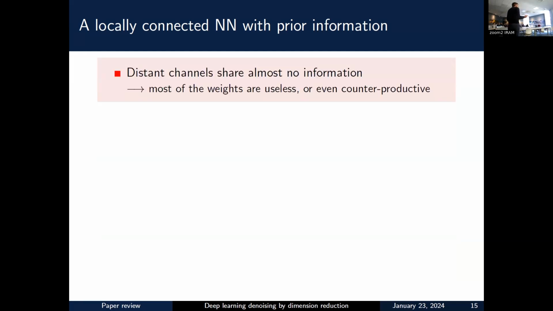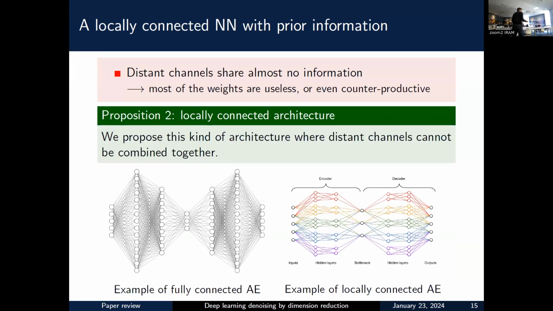So as I said before, there is one problem, which is that distant channels share almost no information. The redundancy was close to the diagonal, which means that redundancy is present only between channels that are close to each other. A solution for that is to adapt the standard architecture of an autoencoder to something like this, where we are able to encode the velocity channels only if they are close to each other.